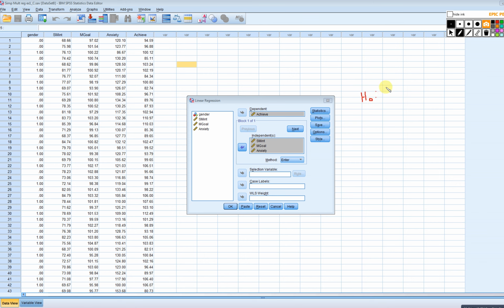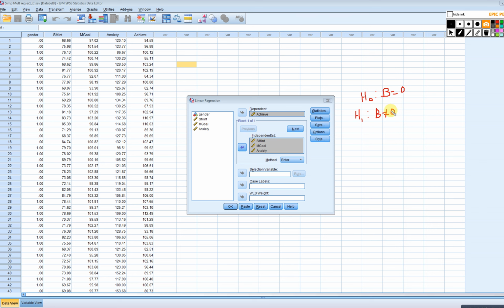The null hypothesis is that beta is equal to 0, meaning that the unstandardized partial regression coefficient in the population between a given predictor and a criterion variable is equal to 0, meaning that there's no predictive relationship between the predictor and the criterion variable in the population. One alternative hypothesis might be that beta is not equal to 0.